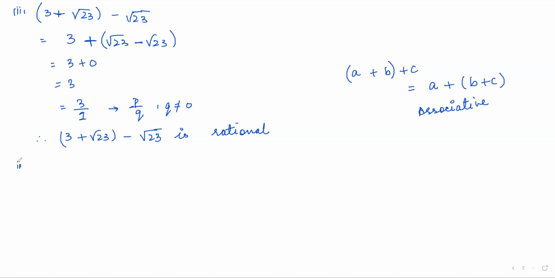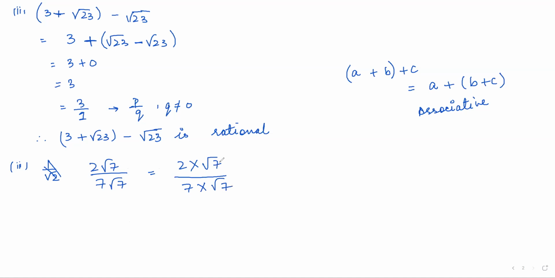Okay, third part now. So third part is 2 under root 7 divided by 7 under root 7. So this can be written as 2 multiplied by under root 7, and this is actually 7 multiplied by under root 7.